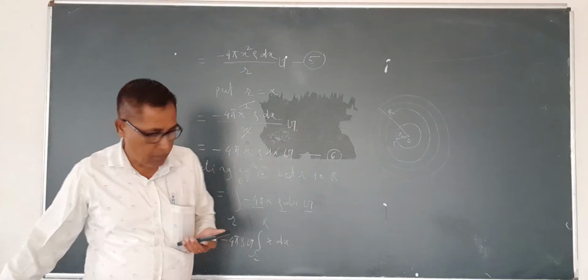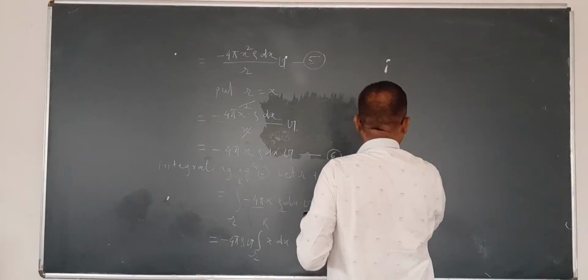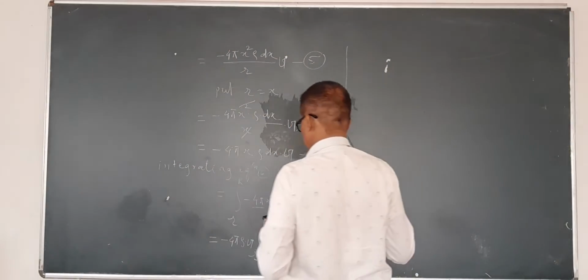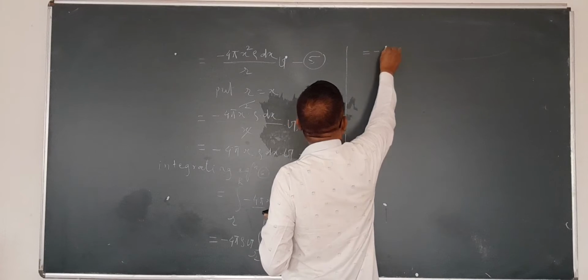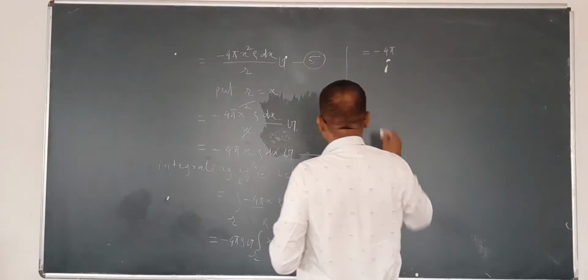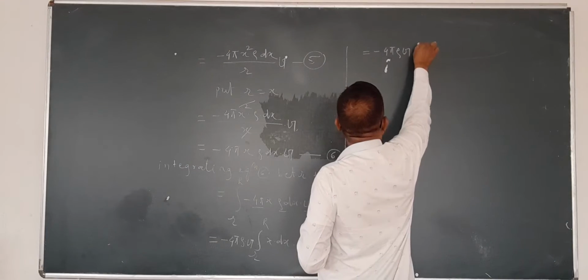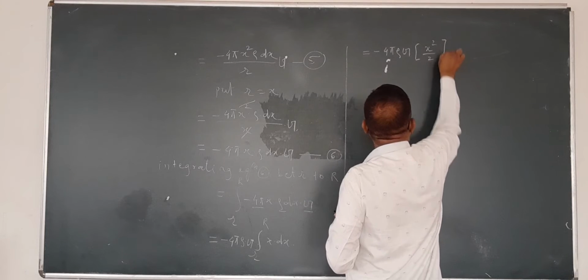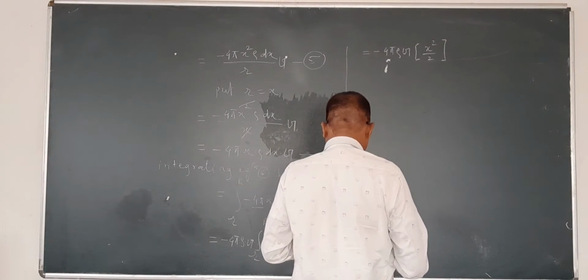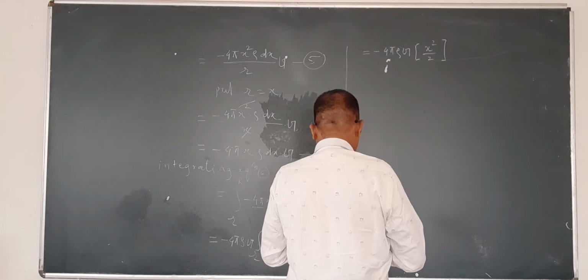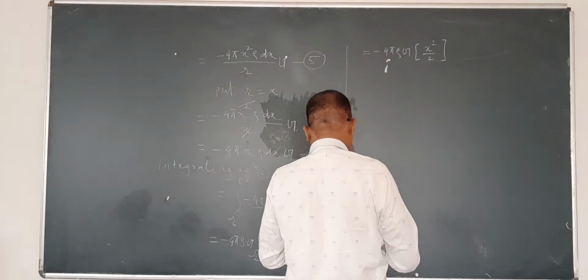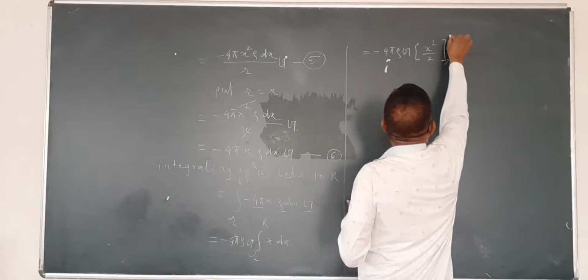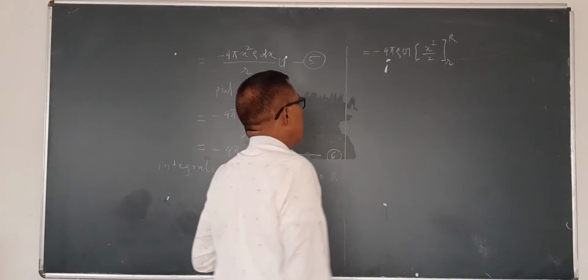If we integrate this, we get minus 4 pi rho into g, and the integration of x is x square by 2, with the range from r to R.